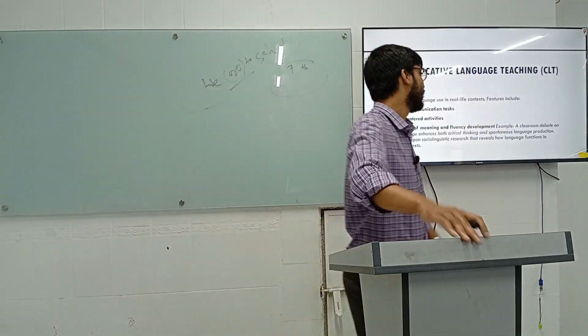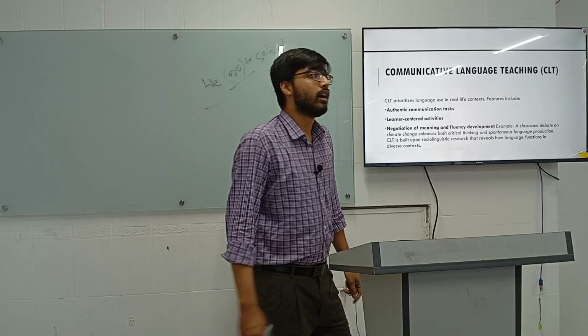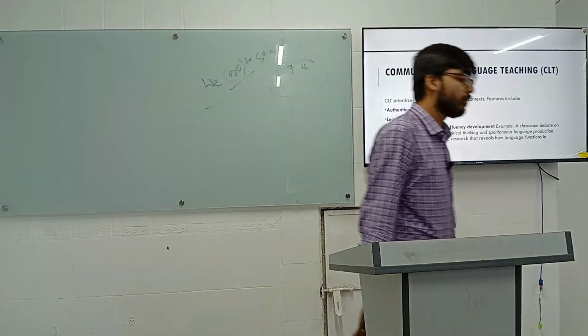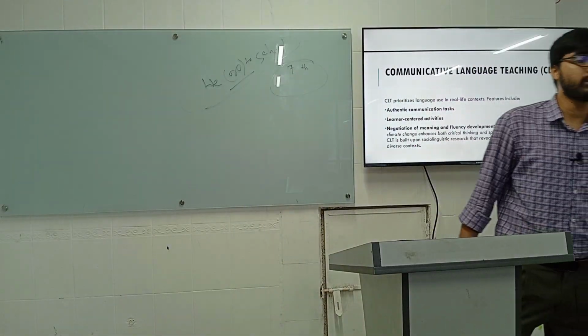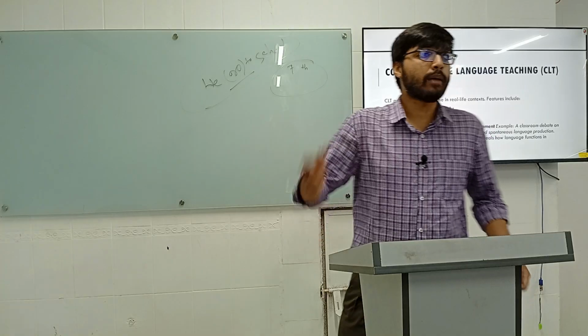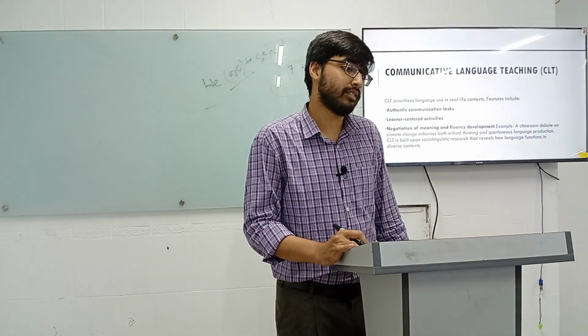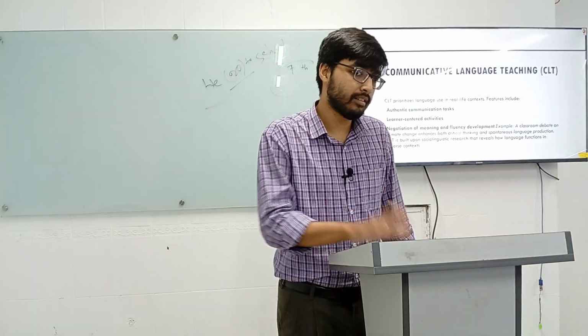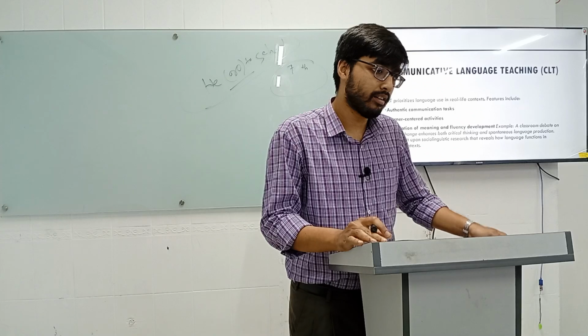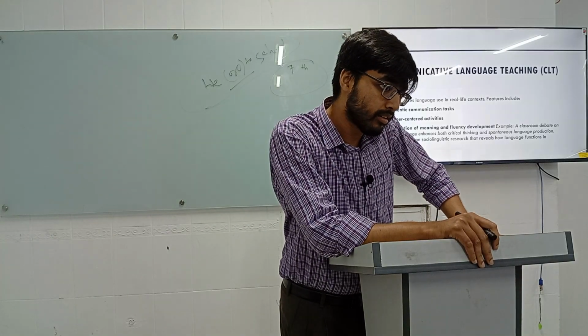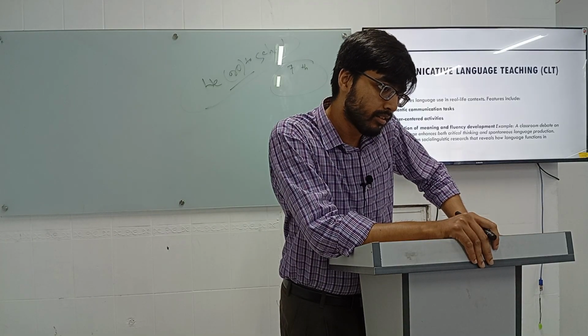Yes. So basically, in order to make you fluent learners or fluent speakers of English, teachers sometimes lower the affective filters. If the affective filter is high, then we cannot speak fluently because we focus more on the grammatical structure.